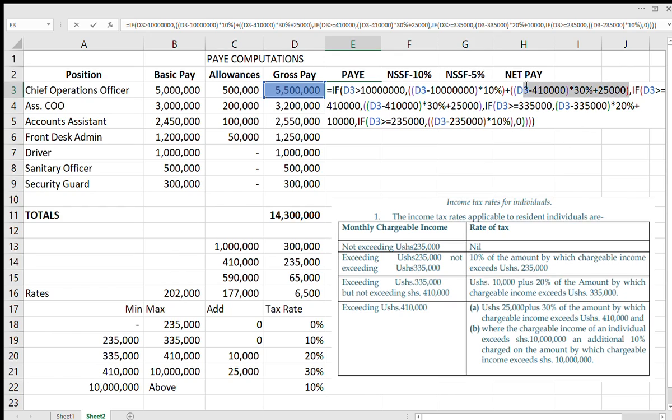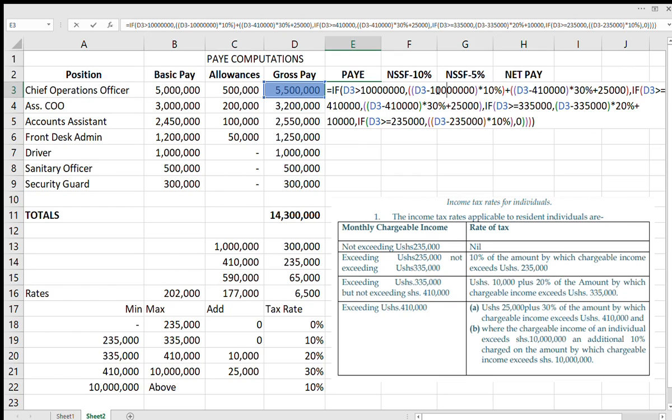We've added it here. Remember that in this situation, this person is going above 10 million. By going above 10 million, we'll have to pay for that amount above the 10 million, which is D3 minus the 10 million. The numbering here depends on the cells you are using in your computer. You may have another D number, another cell number, but you keep referring to that cell number.